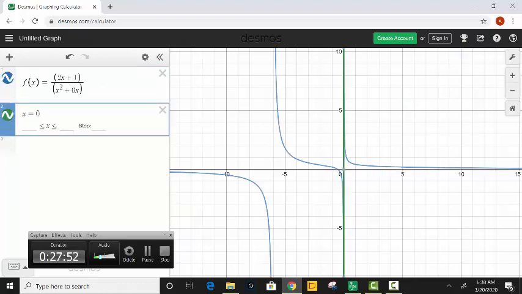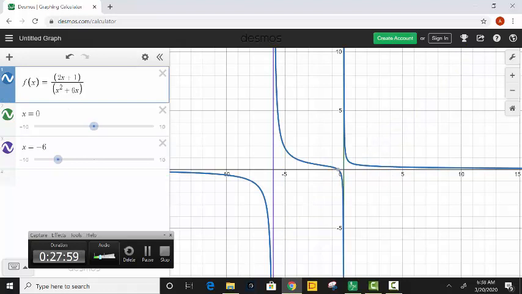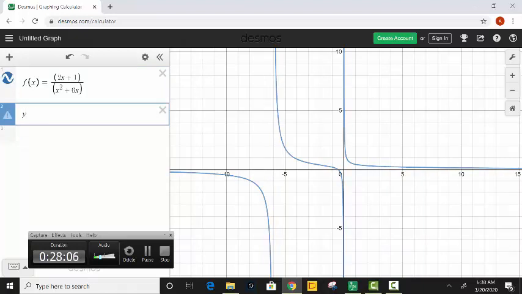We've got x equals 0, x equals negative 6. And that should make sense, because if we set the denominator x squared plus 6x equal to 0, that's what we would find. But the big thing from this, for horizontal asymptotes, is we have a horizontal asymptote at y equals 0.